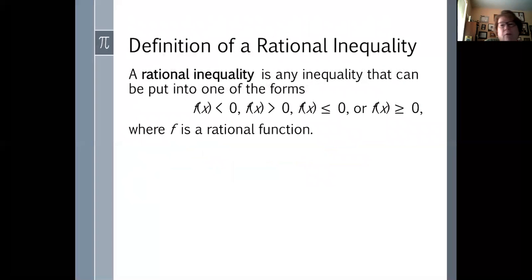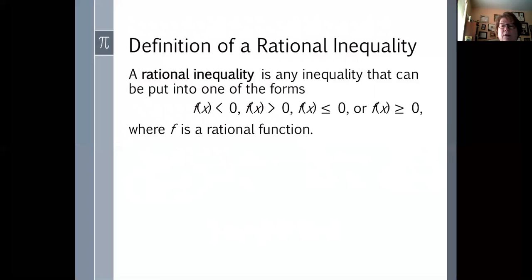All right, what's a rational inequality? A rational inequality is any inequality that can be put into one of these forms: f of x is less than 0, f of x is greater than 0, f of x is less than or equal to 0, or f of x is greater than or equal to 0. And f is a rational function.